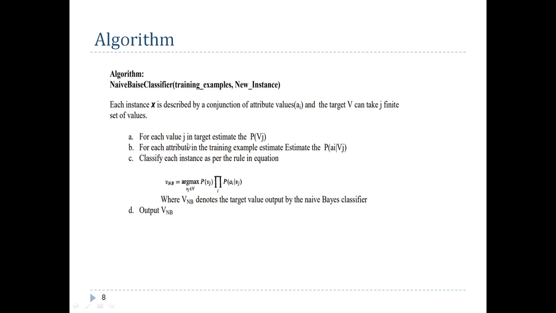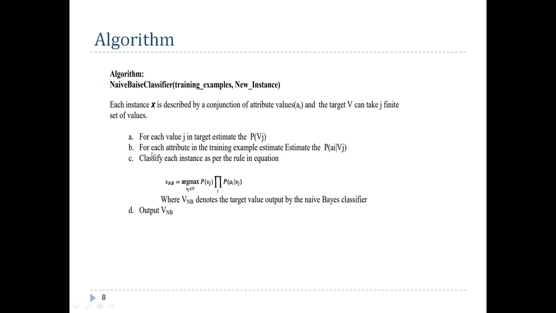Okay, so for each value j in target, estimate the probability of the target value, meaning the class value. So the probability of having class yes and the probability of having class no. All these probability values we need to calculate. Then for each attribute in the training example, estimate the probability of attribute value i for the given class vj.